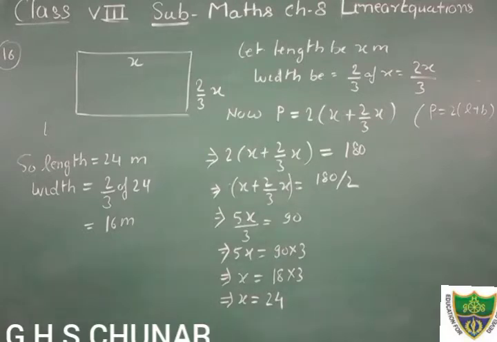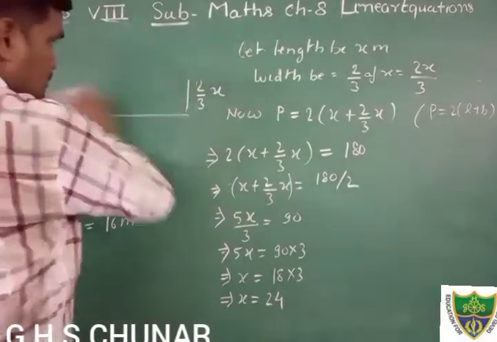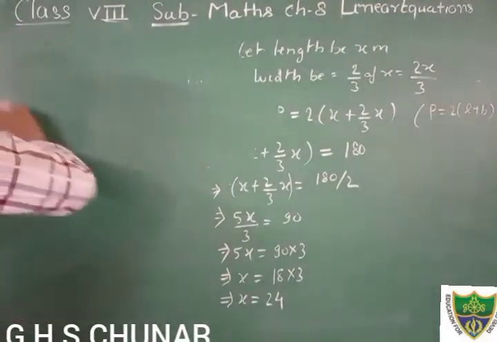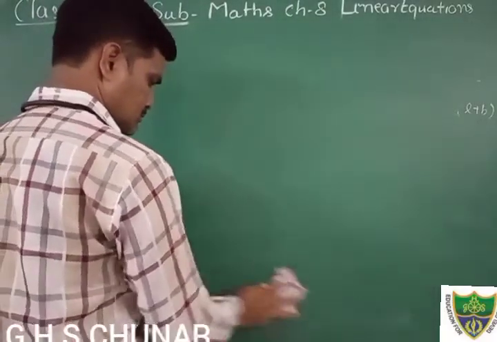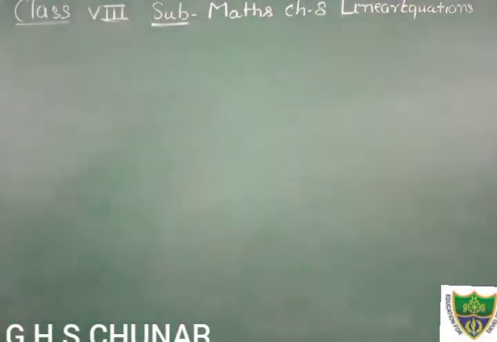Okay, now we solve question number 17. In question number 17, it is given that the altitude of a triangle is 5/3 the length of its corresponding base.